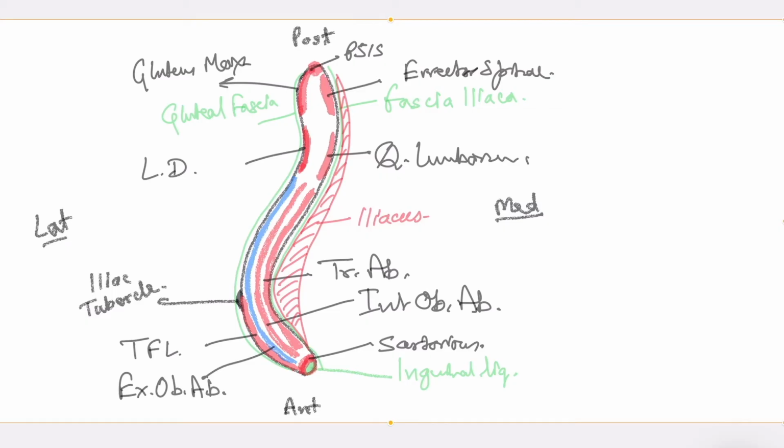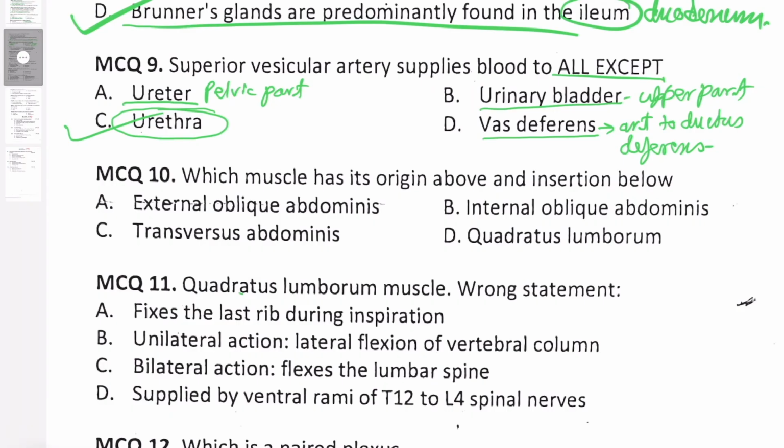But right now here you're seeing that there's only one muscle that is blue in color, and you know the color coding: blue is for insertion and red is for origin. So red means all these muscles are taking origin from iliac crest. So which muscle has its origin above and insertion below? Means we're talking about insertion.